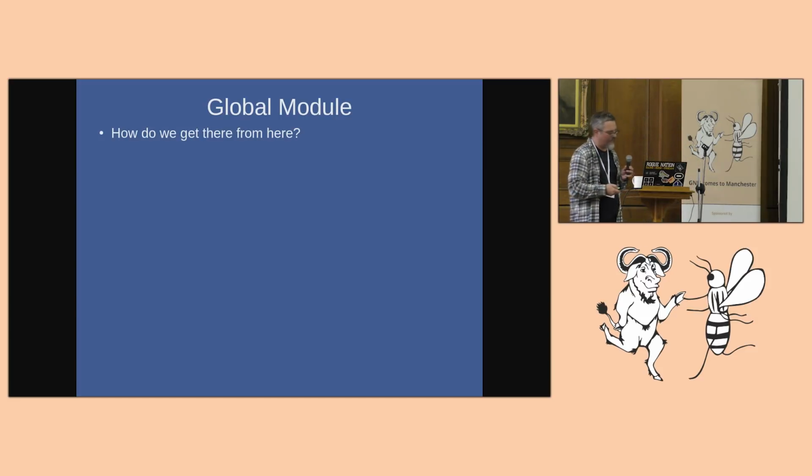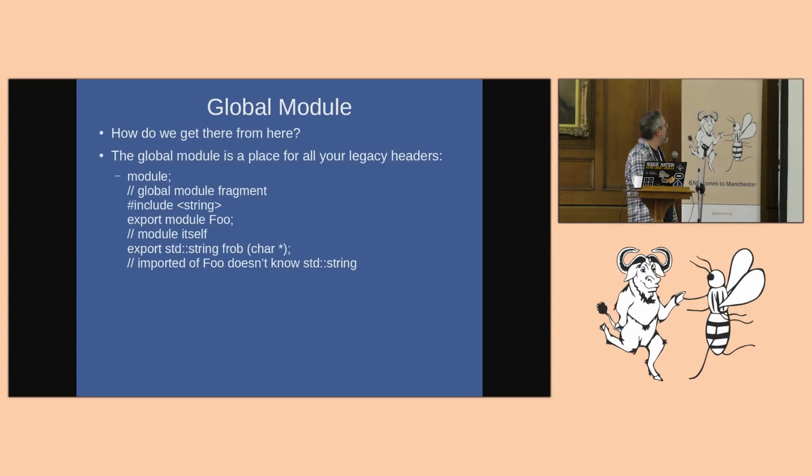So the TS has this thing called the global module. And it's a little bit before the module declaration itself, where you say module semicolon for reasons, and you put all your regular hash includes down there. And that means that I can then refer to things in string inside here without bits of string becoming part of foo.